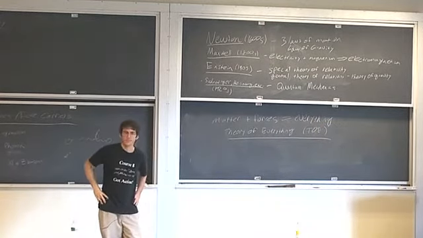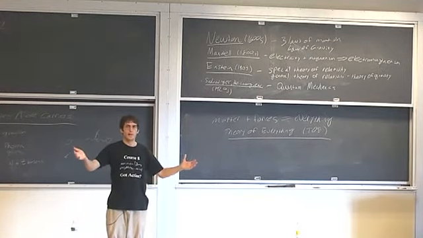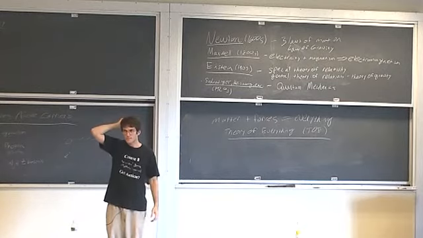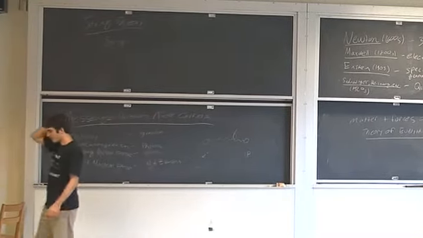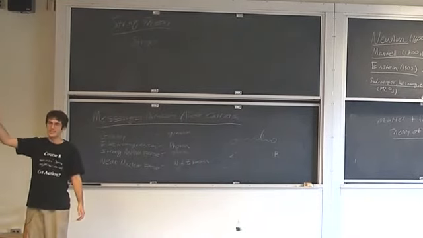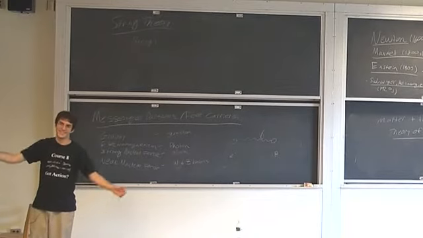Does anyone have any questions about how this is supposed to work out? How all these different forces just pop out of the equations? Yeah. How do you know that messenger particles exist? You can see them in particle physics experiments.